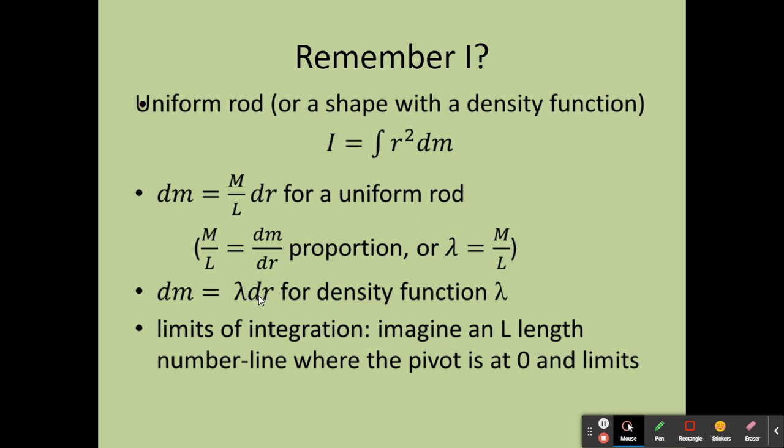For this particular type of problem, it'll always be uniform, because otherwise it makes a really ugly differential equation that is not solvable very easily if you have powers in here. It'll just be like m over L. And then for limits of integration, you imagine an L length number line where the pivot is at 0, and then the limits are on either side.